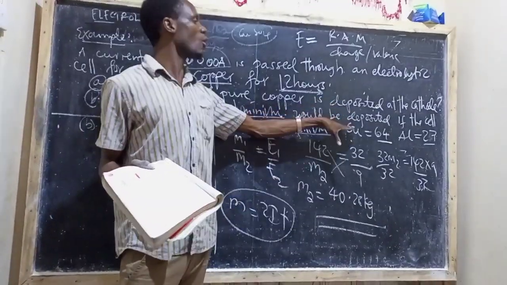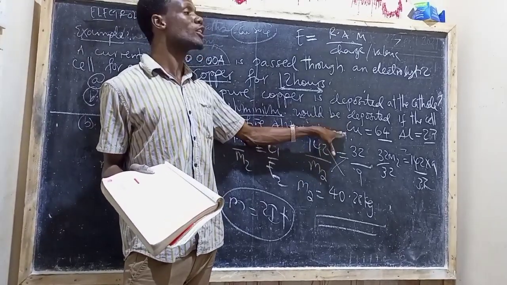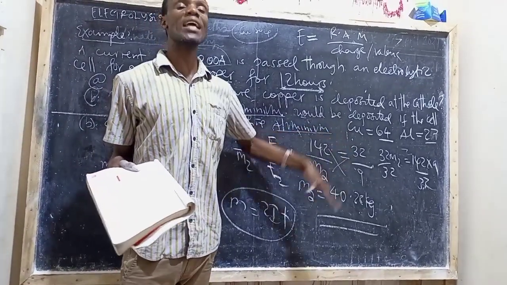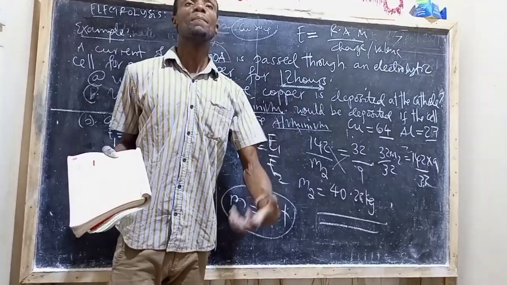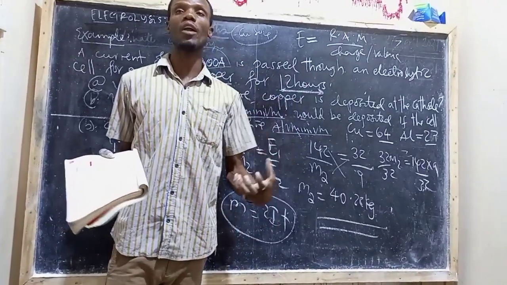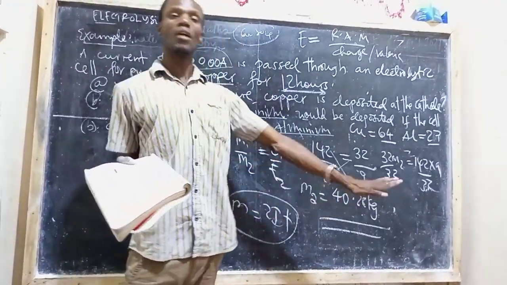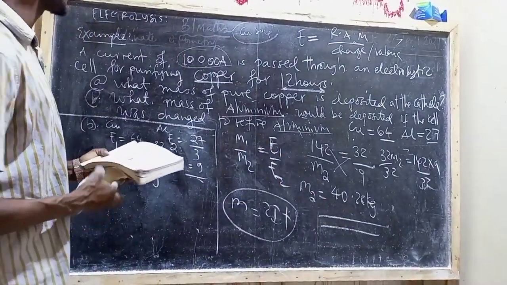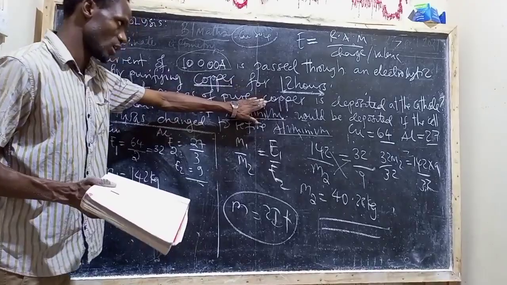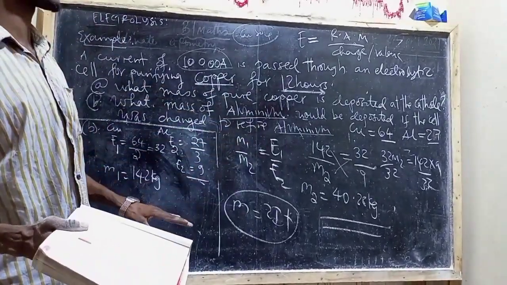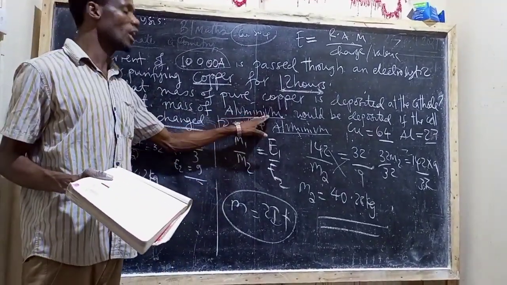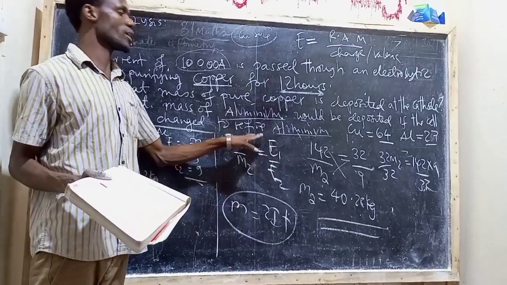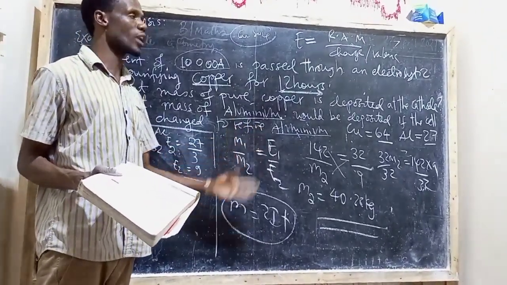The second Faraday's law is applicable for solving the second equation, because we are talking about different electrolytes, but they have the same quantity of electricity passing through them. So it is very important for us to understand that for the first equation we are talking about the first Faraday's law, and for the second equation we are talking about the second Faraday's law, because we're talking about different electrolytes.